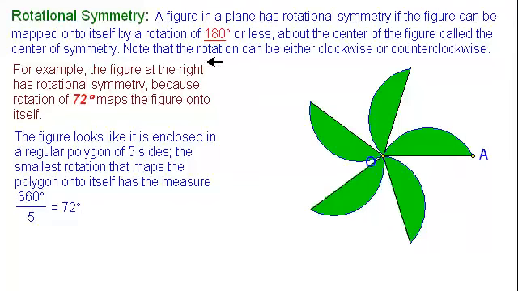Note that the rotation can be either clockwise or counterclockwise.